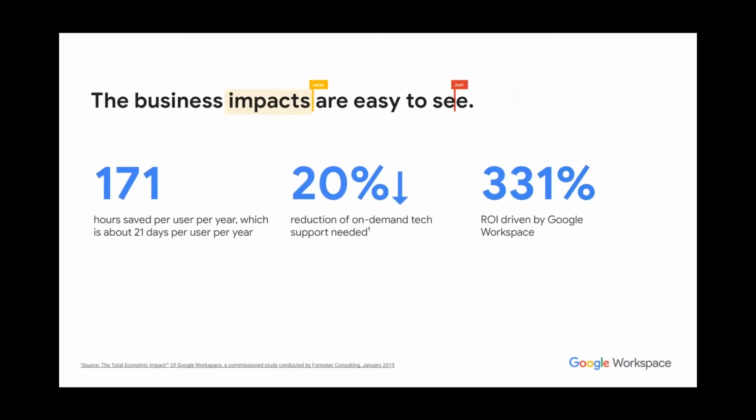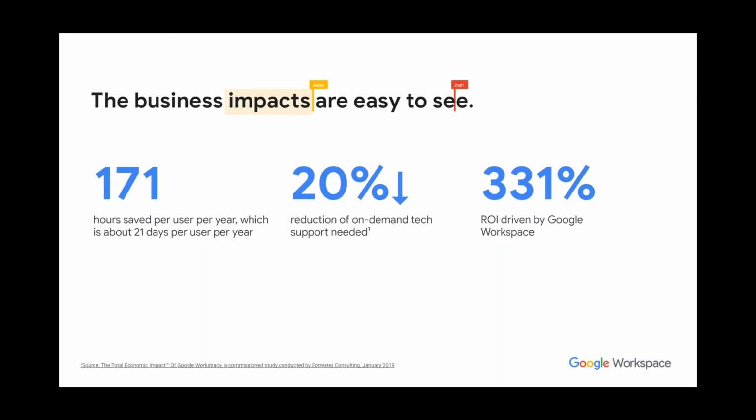So we have some business impacts here. We have a 21-day saving per user, and there are ways that is calculated, things like autocomplete and document sharing, which means one file version. More importantly, we have a huge reduction in tech support for Workspace users, and then an ROI being driven by Workspace.